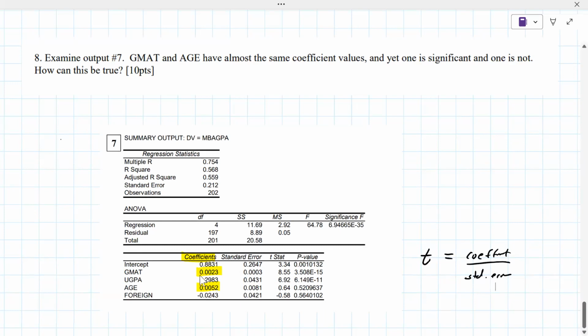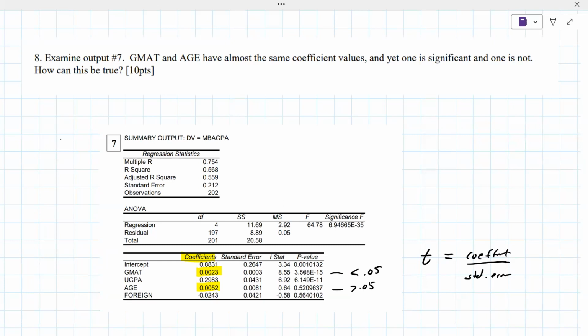So the coefficient being the same really doesn't matter. It really comes down to the difference in the standard error. But that's not quite the way the answer is written. The answer talks about the fact that GMAT is significant because the p-value is less than 0.05, but this one is greater than 0.05. So one is significant, one is not.